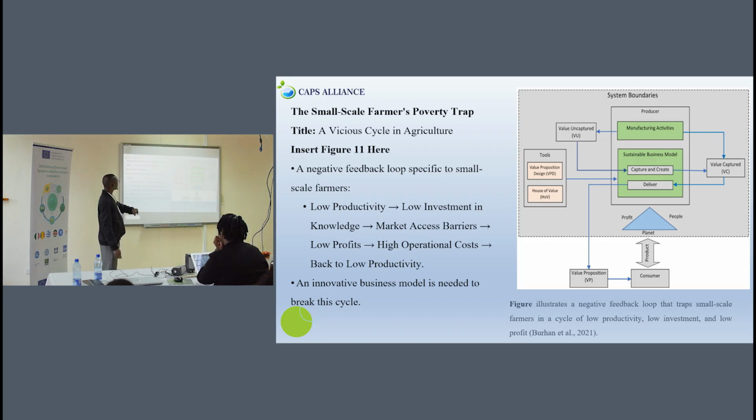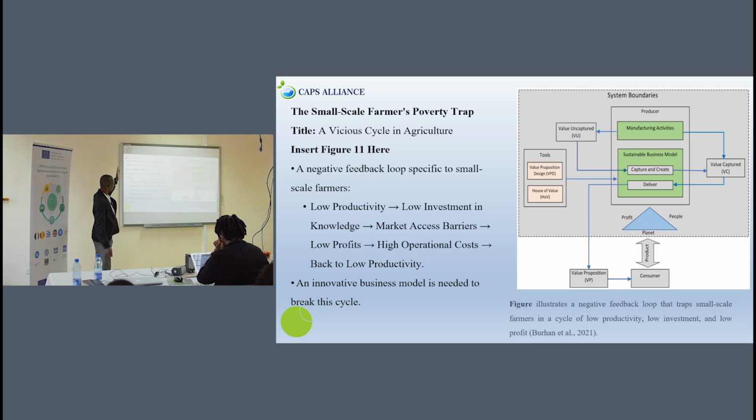Now, small scale farmers' poverty trap. Here is a trap, designed in the form of a diagram, where you form a negative feedback loop. How do you get feedback from your customers? If you form a very bad feedback loop specific to small scale farmers, you end up with low productivity.